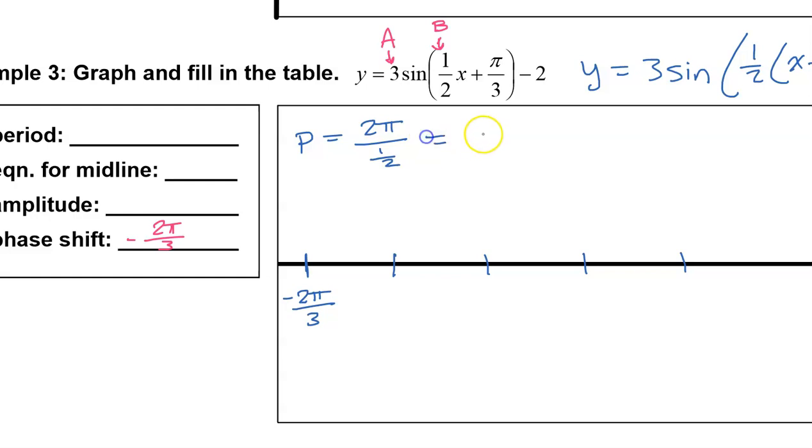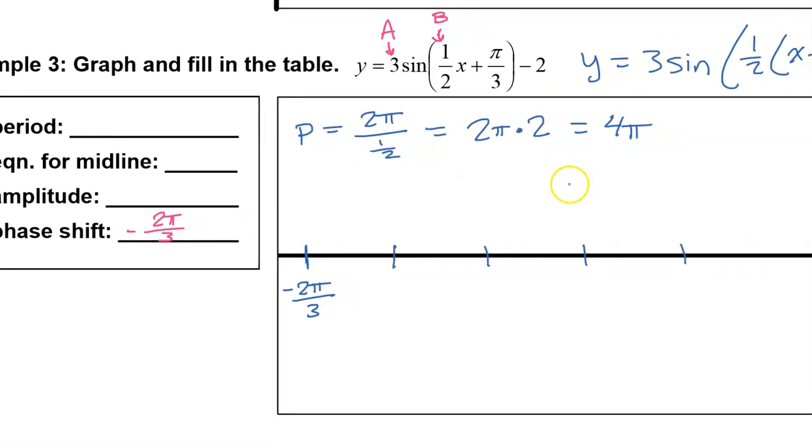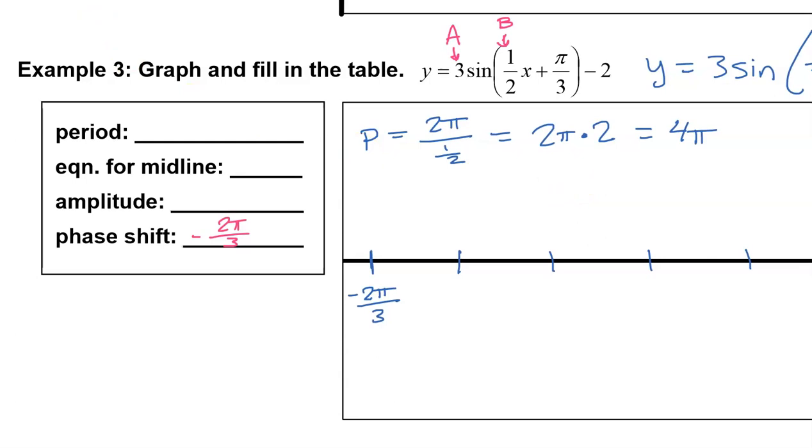So this period is going to be 2 pi times 2, because when you divide by a fraction, you multiply by the reciprocal. And then this will give me 4 pi. So the period is 4 pi. Hey, that's one of the things they wanted us to record.